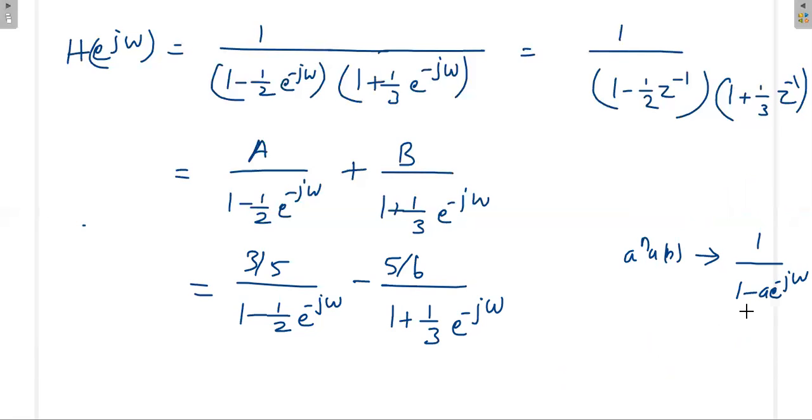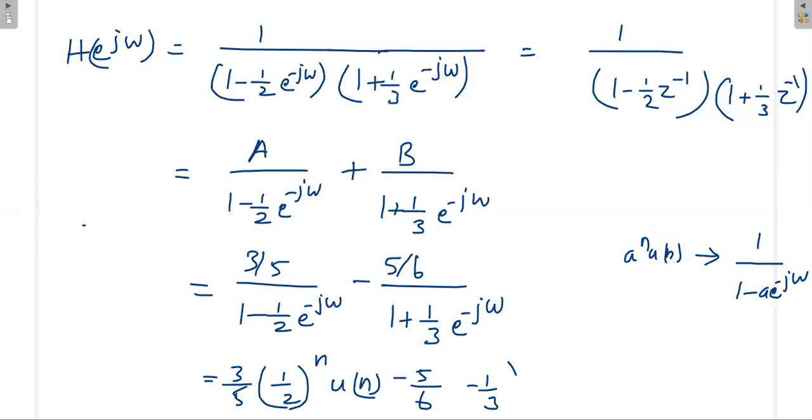If you apply that formula here, 3 by 5 is a constant that you can write separately. So from this step, you will be getting 1 by 2 whole power n u of n. Here it is plus 1 by 3, so you will be getting minus 1 by 3 whole power n u of n.